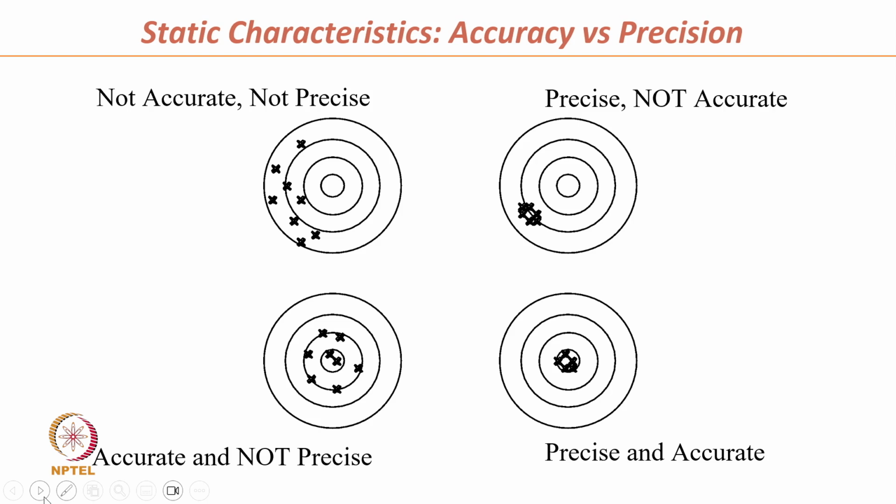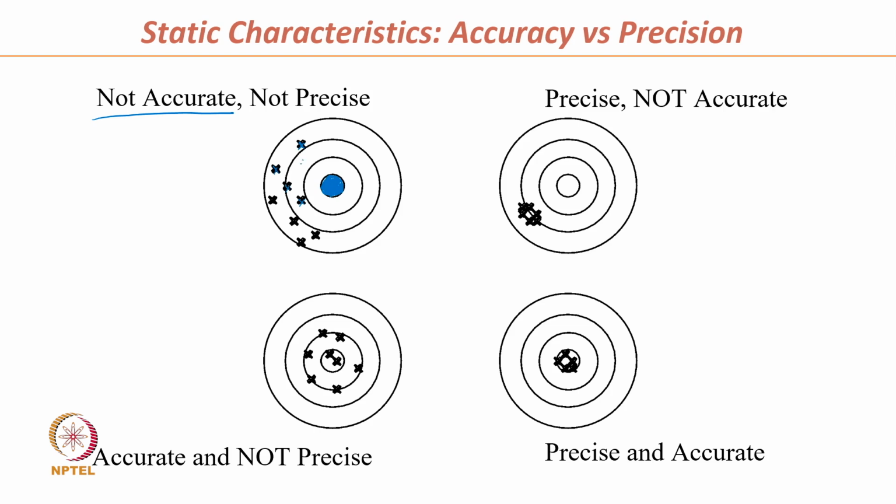So, this is the goal. We want to hit this, which is the true value of measurement. We are firing the bullets, and the bullets are not hitting the true value, but they are hitting somewhere here, which is different from the true value. It means this is not accurate.